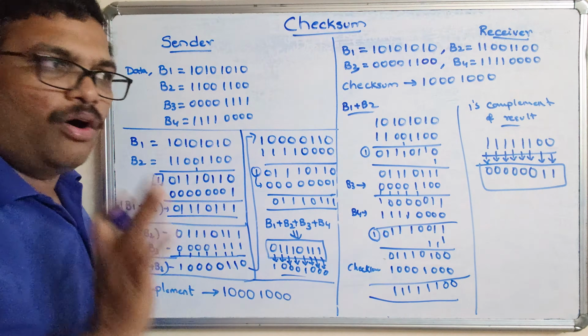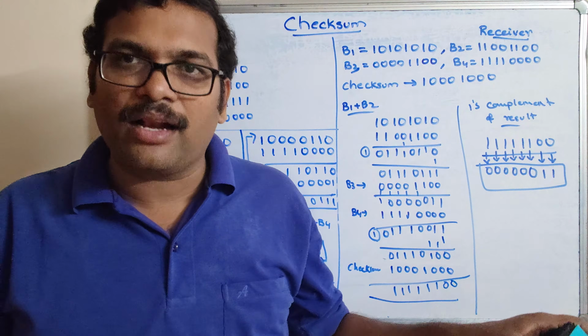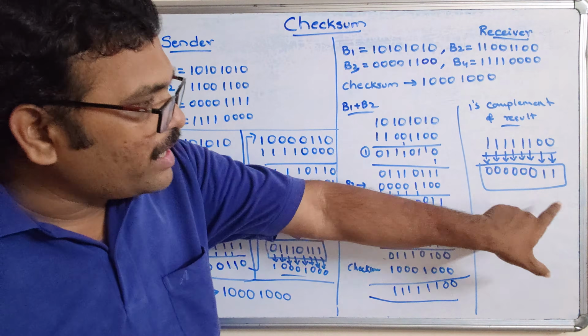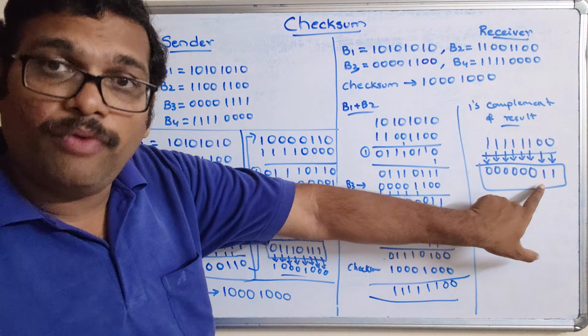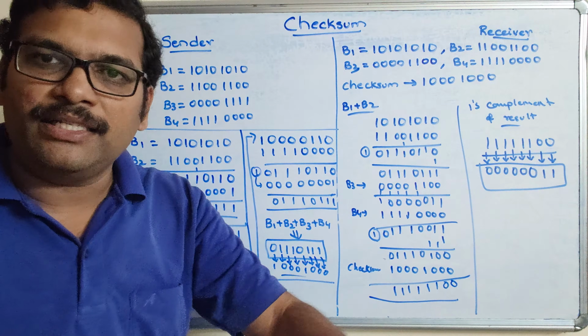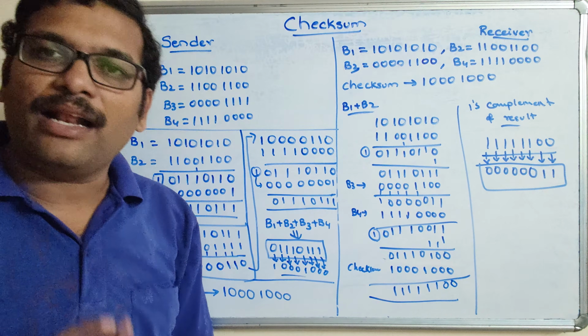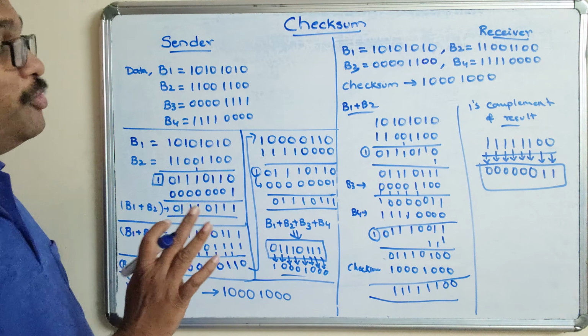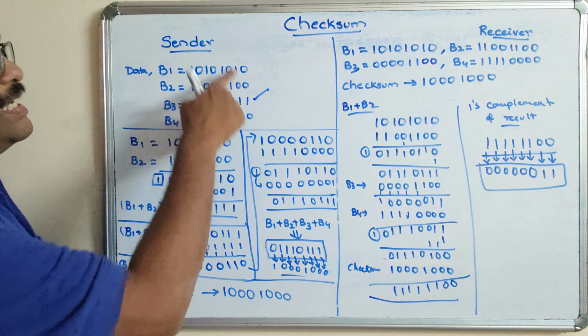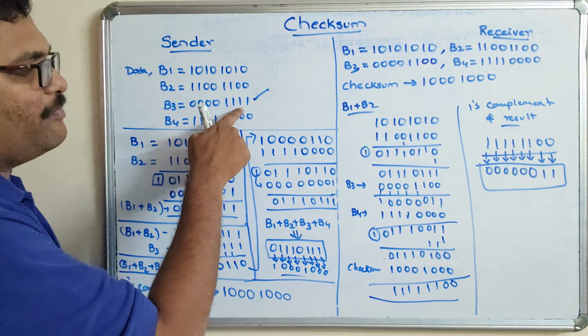If we are getting all zeros, that implies there is no error corruption, right? There is no modification or error. But here we are getting a non-zero value. So if we get a non-zero value, that implies there is an error during the transmission. You can observe in block B3, in the sender we have 4 zeros and 4 ones.